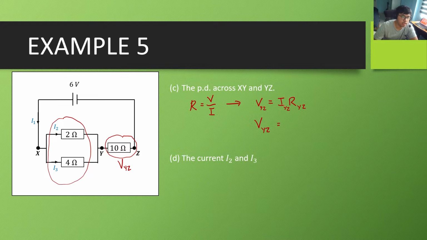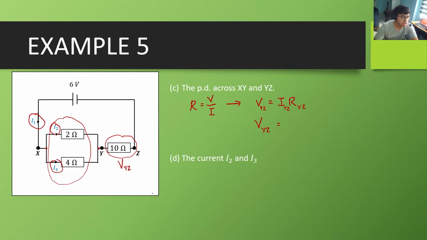Now, what's the current at point YZ? As you can see, the current I1 splits up at this junction, and then when it goes back to junction Y, it forms back to become I1. So remember the first rule of the parallel circuit for current: when it reaches a junction, it can either split up or add back.